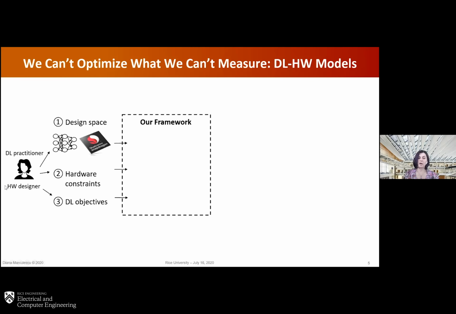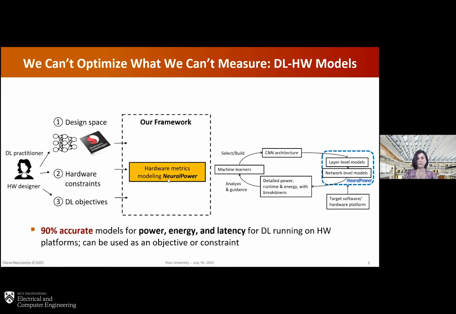From the perspective of a hardware designer, we do have hardware constraints, and we need to come up with ways to identify the hardware. So you have hardware constraints and you have deep learning objectives. When you put everything together, the problem becomes more complex. However, we start with the modeling part first, which is modeling the hardware metrics that we can do once and then reuse over and over again. So we adopt this approach, NeuralPower.